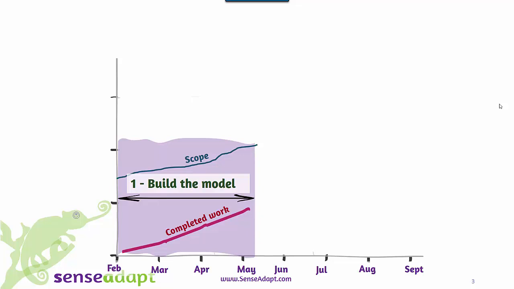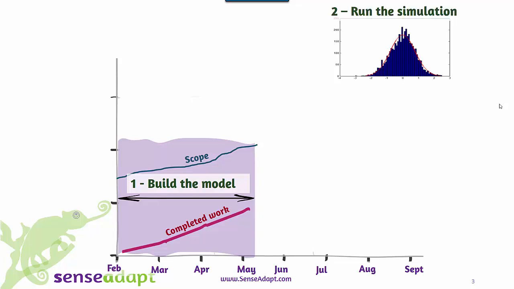Once we've created the model, which takes a matter of seconds, we can then take the rest of your backlog, the remainder of work that your project team is going to be doing, and run it through that model 1,000 times. Every time we run it, we randomize it a little bit, and we get different end dates for that project each time we run it.